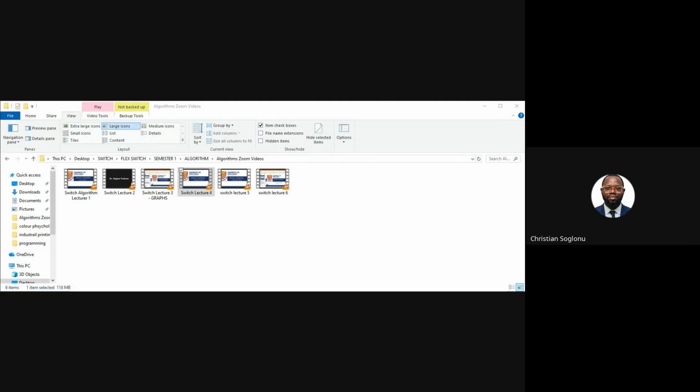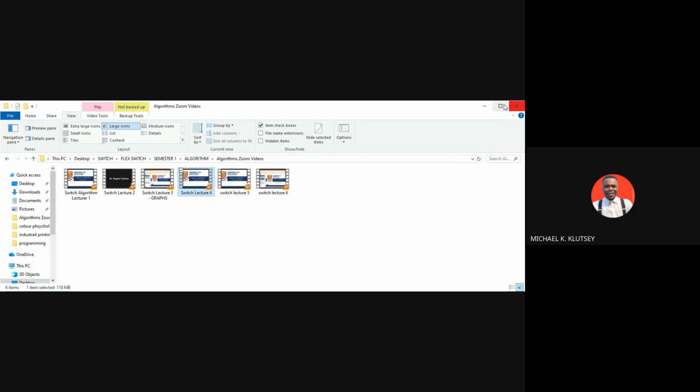Yes. Close the video. Close the window. Close the first video. Let the video player only show on the screen. Or you can even hide it.